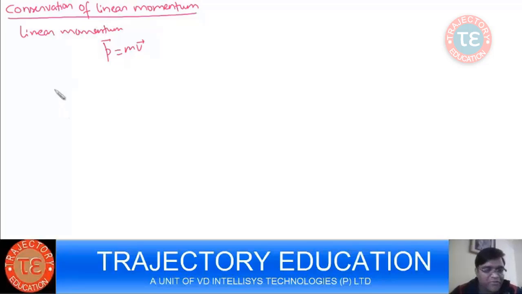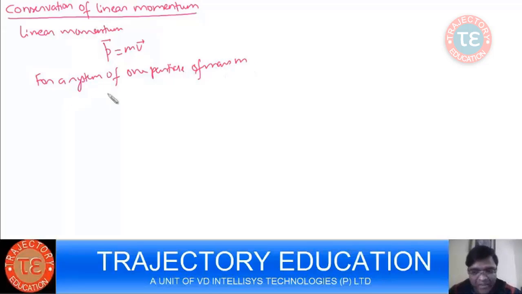For a system of just one particle, suppose you have a particle of mass m. F is the external force acting on the particle.